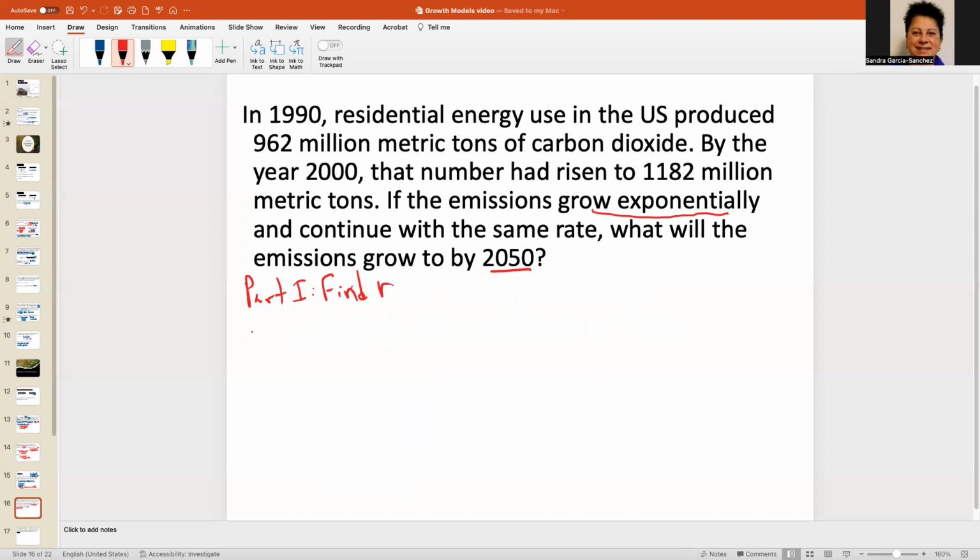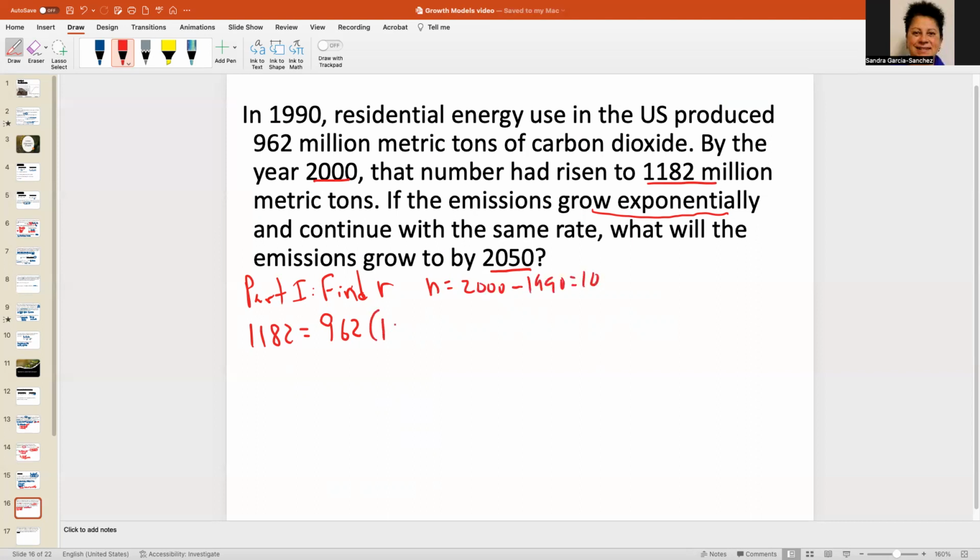Okay, so P sub n in this case is going to be 1182, which is here, in the year 2000. Then P sub 0 is going to be 962. Now n is 2000 minus 1990, which is 10.